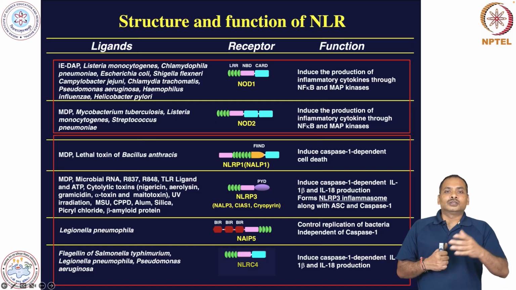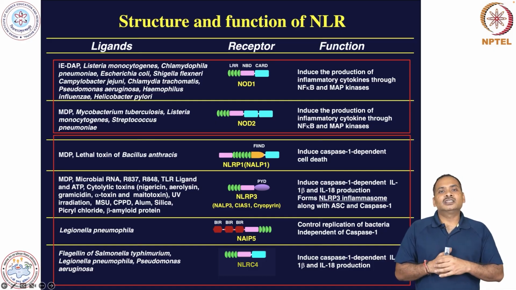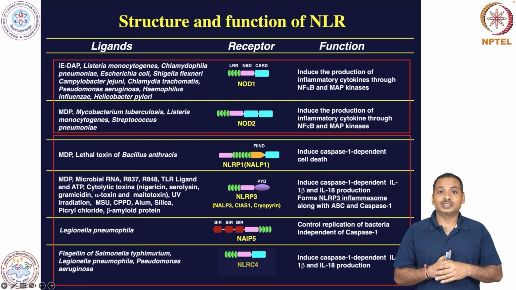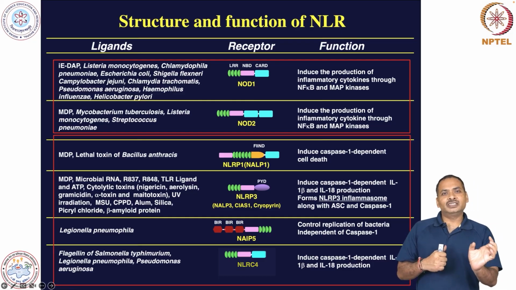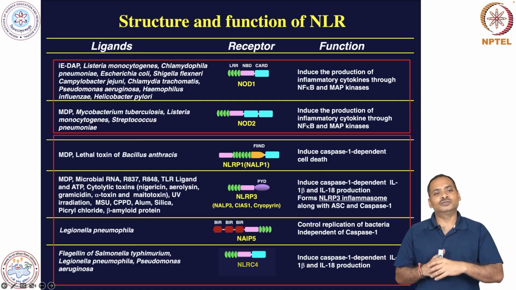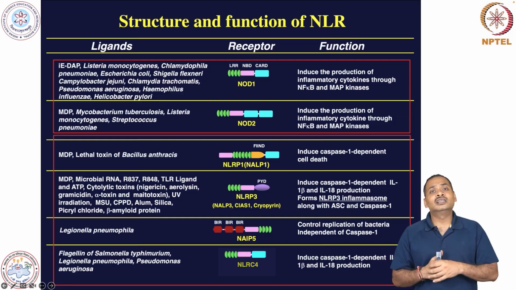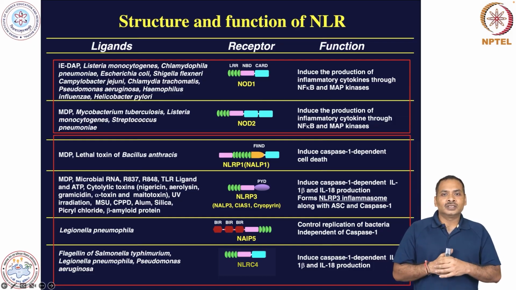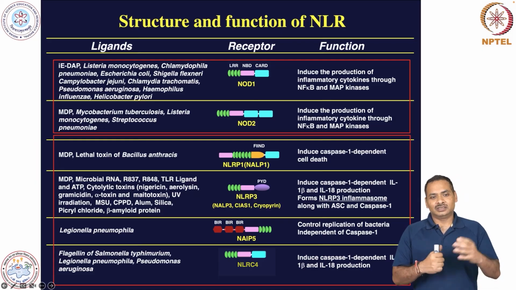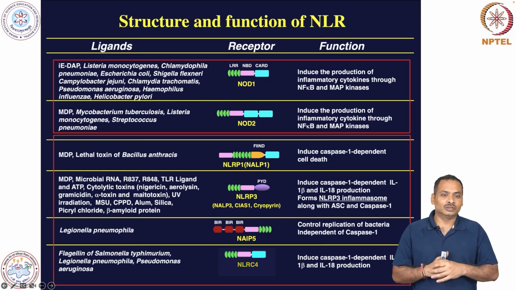So Bacillus anthracis makes this lethal toxin along with two more proteins, which we call protective antigen and edema factor. This protective antigen helps in transportation of lethal factor and edema factor inside the cell in order to kill the target cells. I will not go into more detail about Bacillus anthracis, but this is just for your information. It's a special note you can remember.